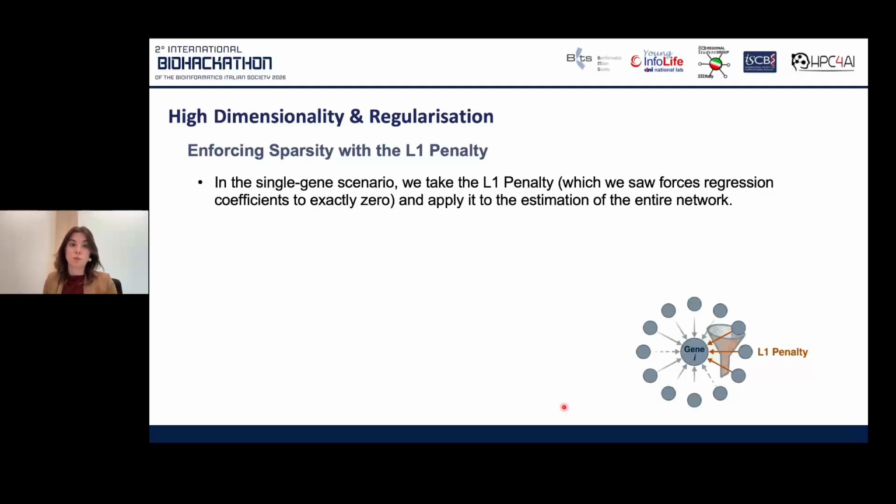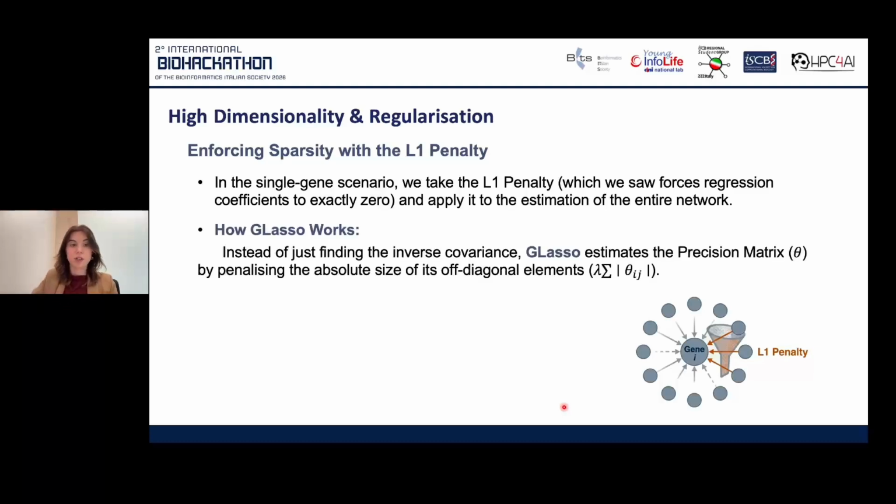Again, we force sparsity and we use again the L1 penalty. So if in the single gene scenario we take the L1 penalty and we apply it to the estimation of the entire network, in this scenario we use G-lasso, which is the equivalent in this context.